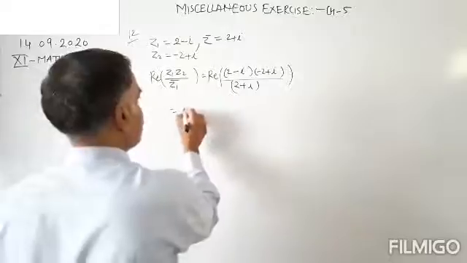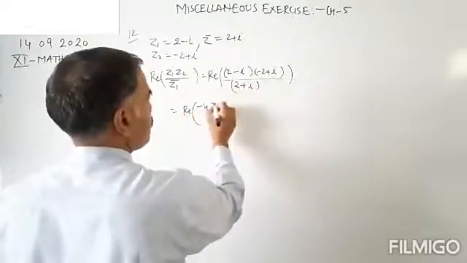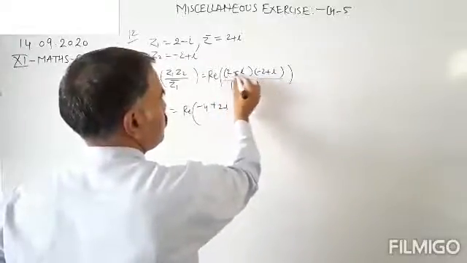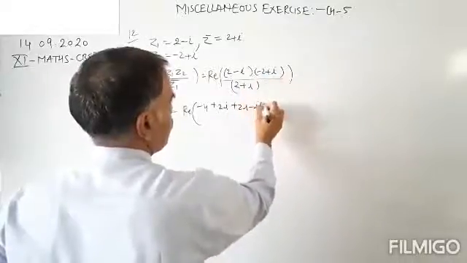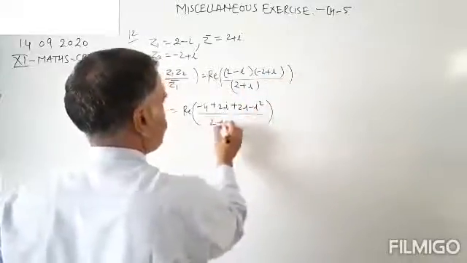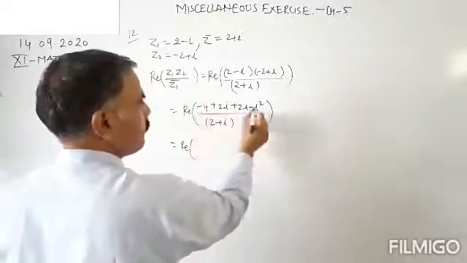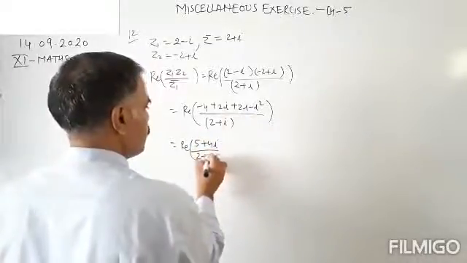So this is the real part of minus 4 plus 2 iota plus 2 iota minus iota square upon 2 plus iota, which is the real part of minus 4 plus 1, that is minus 3, plus 4 iota upon 2 plus iota.